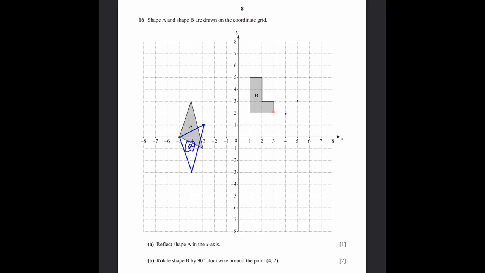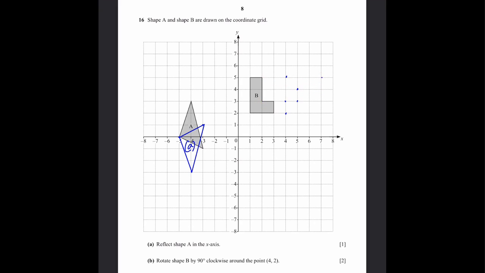This point, in a similar way, will come here. And using that way, this point will come here, and then this point will go there, and then this point will come here like that, and this point will come here.